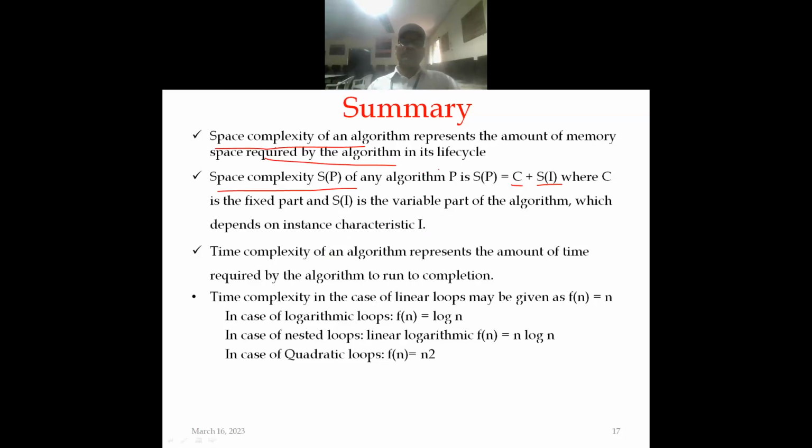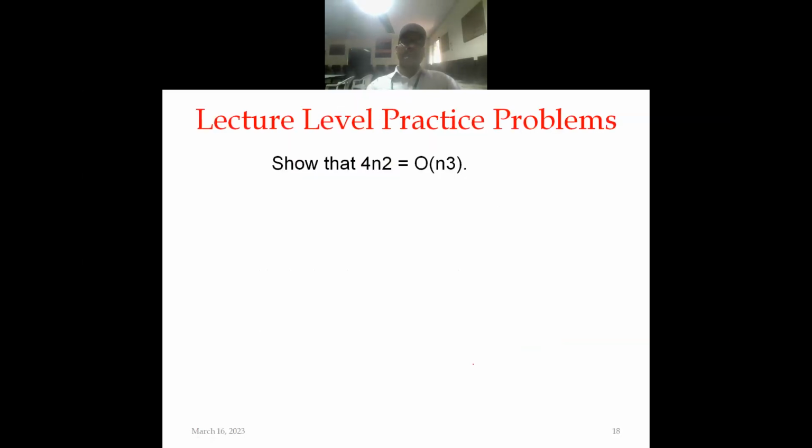The time complexity of an algorithm represents the amount of time that is required by the algorithm to complete its execution. So the time complexity of a linear loop may be f of n is equal to n, and a logarithmic loop may be f of n is equal to log n. For nested loops, linear logarithmic, we have n log n, and for a quadratic loop f of n is equal to n square. This is the summary of today's session.